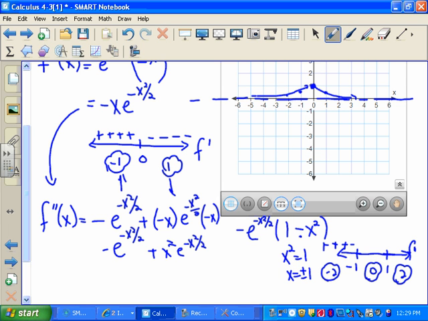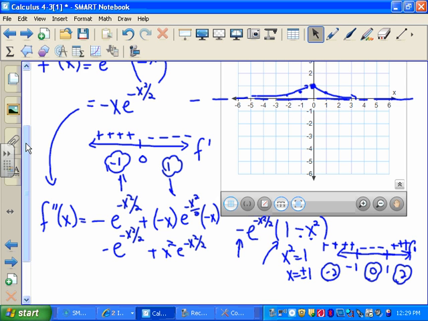A negative times a negative is positive. If I plug in 2 in here, I get a negative, so a negative times a negative is positive. When I plug in 0 here, I get a positive times a negative, it's negative. And when I plug in 2, I get a negative times a negative, which is positive.